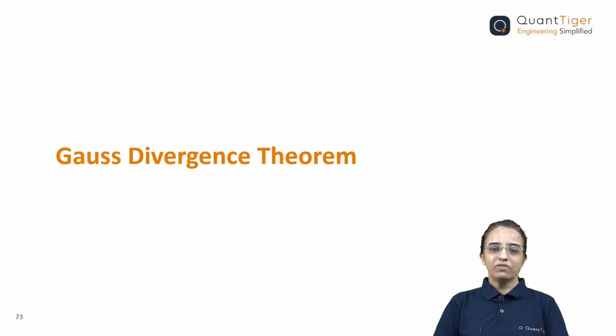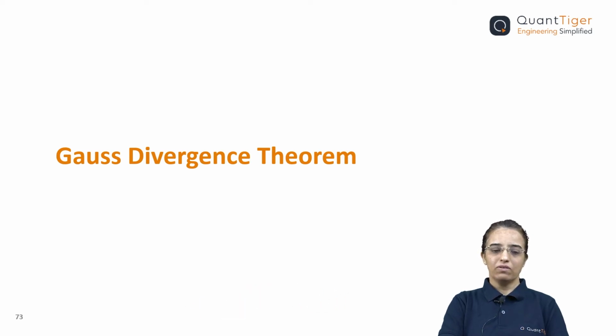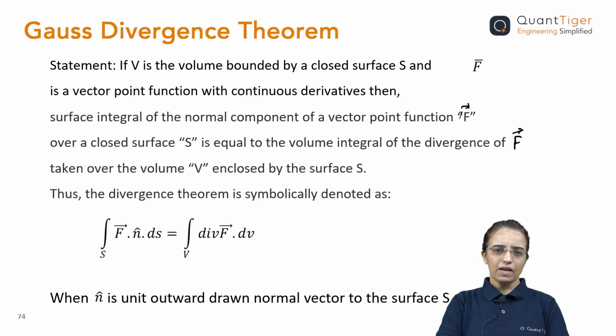Hello everyone, in this video we will be learning about Gauss divergence theorem. Before this we have studied Green's theorem and then Stokes theorem. In Green's theorem we saw the relationship between line integral and double integration.